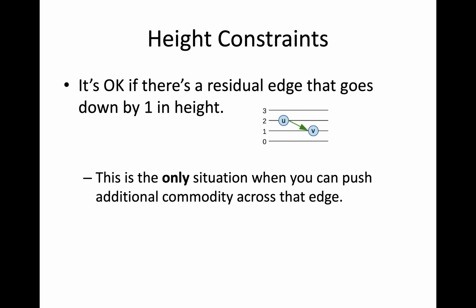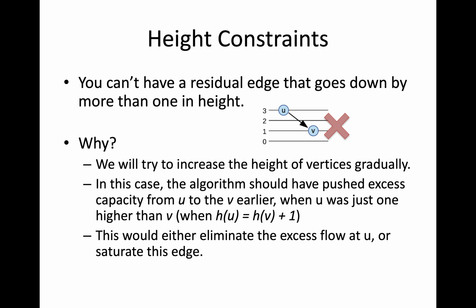And like I said a couple of slides ago, this is the only time when you can push some additional commodity across that edge. What you can't do is this. In fact, the operations we're doing will never let a vertex be more than 1 unit higher than its neighbor.